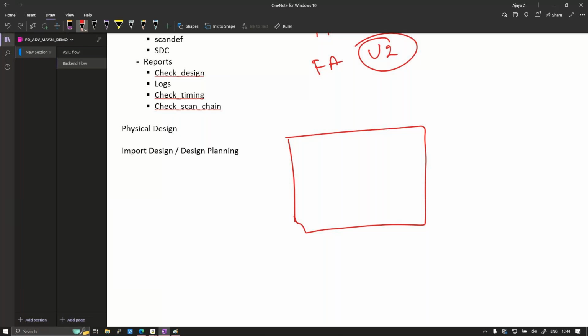Now I need to know where exactly that particular module is going to sit in the layout and what the structure of it is. We assume it's always a square or rectangular shape, but it's not always like that.